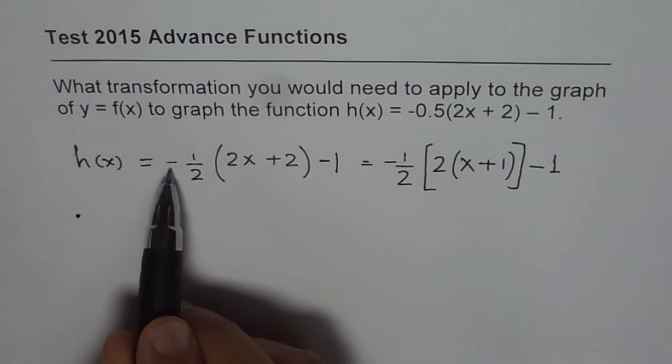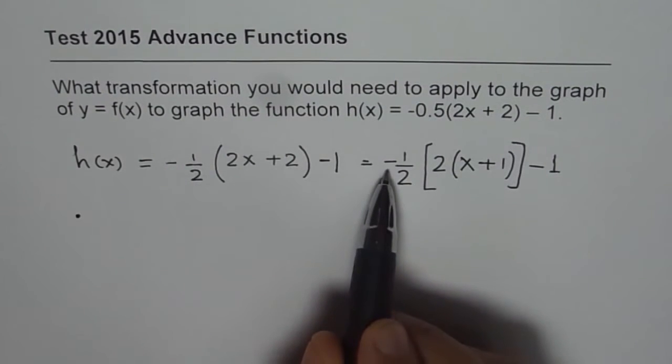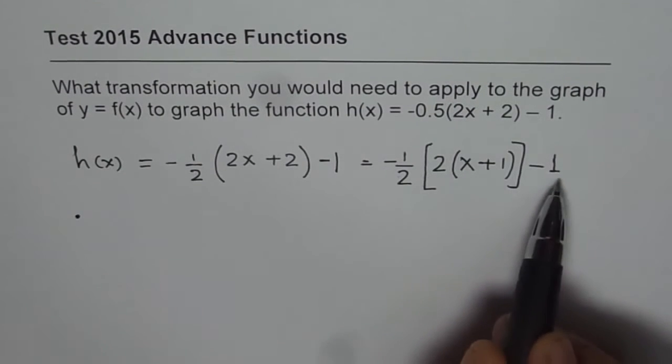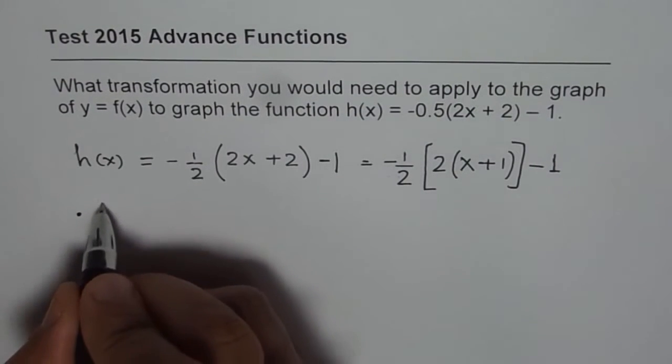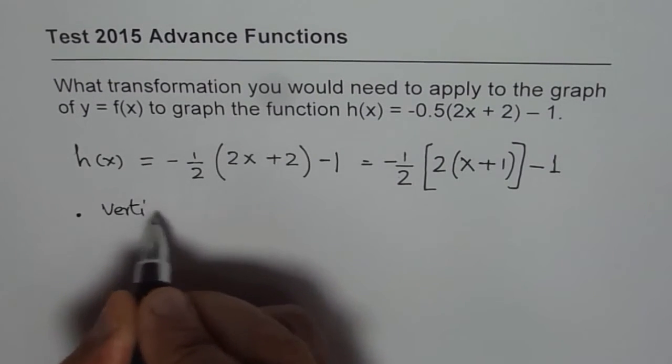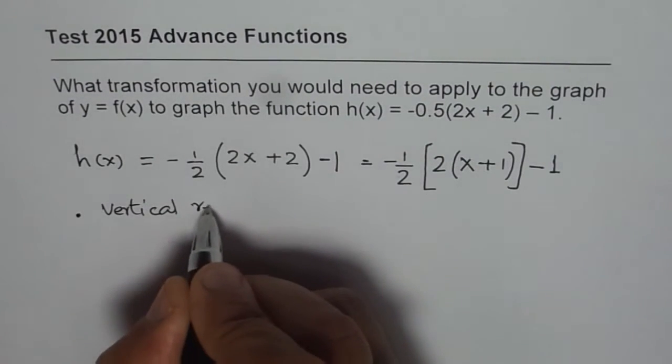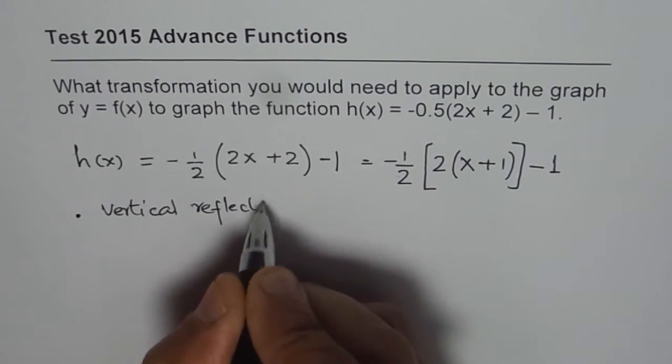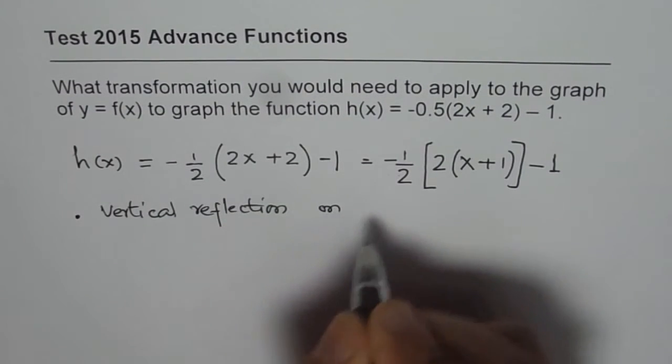Let us see. This negative, this part is vertical, right? So this represents vertical reflection on the x-axis.